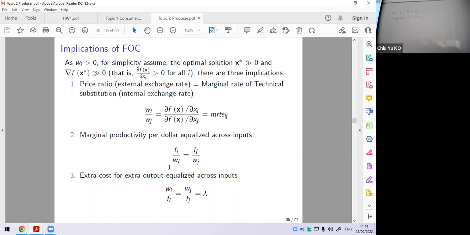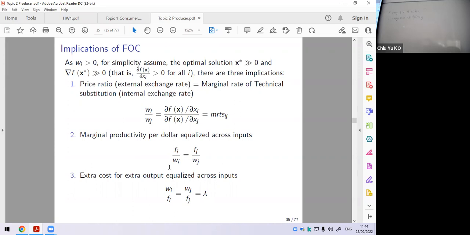Let me repeat the statement. This is how much you need to spend to increase output by 1 unit through input i.